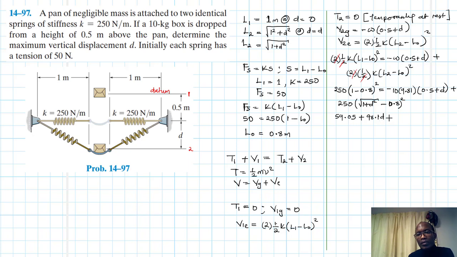Okay, and then we have minus 250 square root of 1 plus D squared minus 0.8 squared equal to 0.